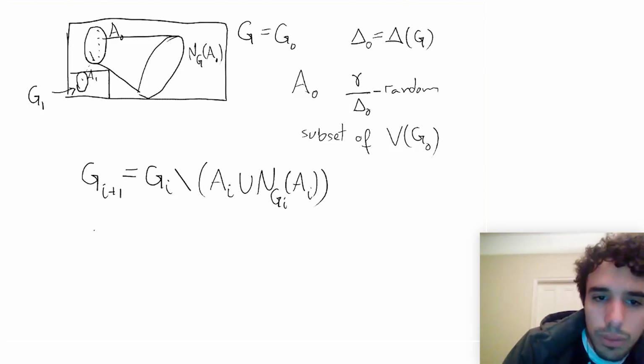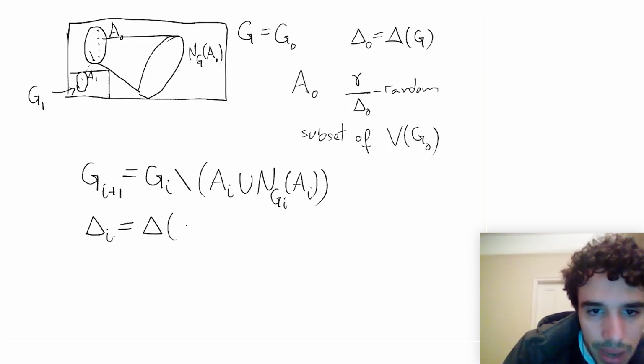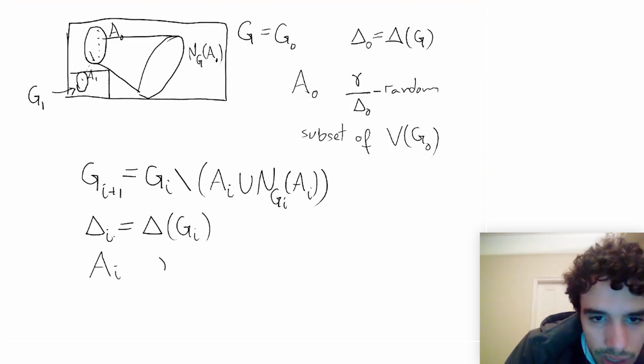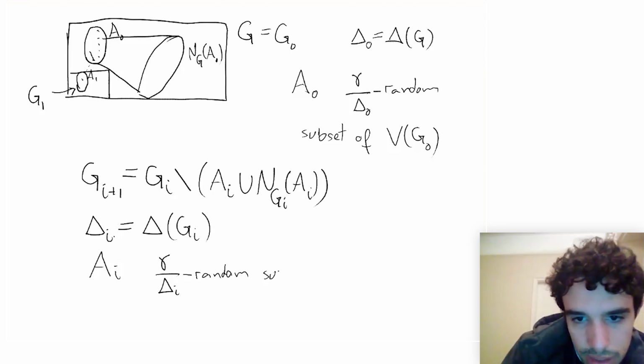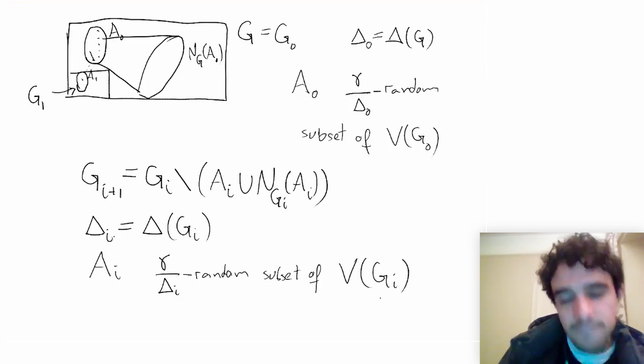In general, delta i will be the max degree of G_i, and A_i will be a gamma over delta i random subset of vertices of G_i.